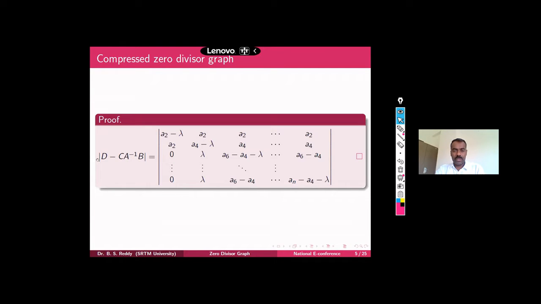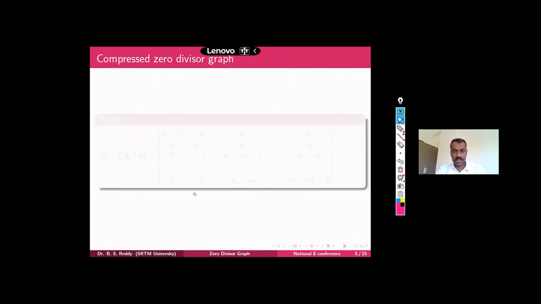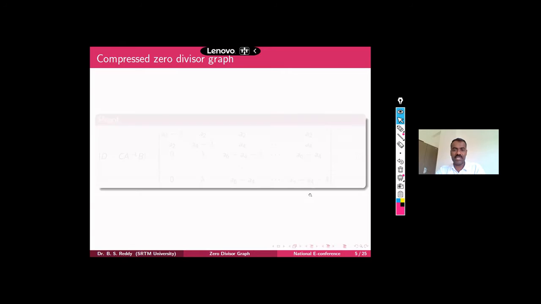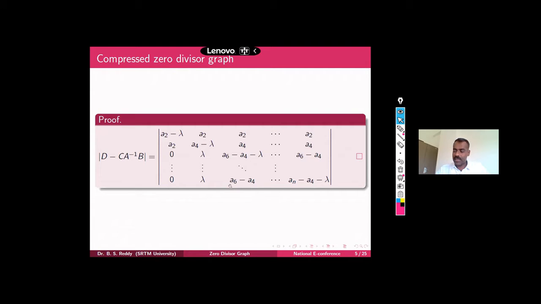And if you observe, take for example the even case. How we got this one: if you take this, and from the second row, for example R3 minus R2, R4 minus R2, and so on, if you simply apply the basic row operations, we get these elements as 0. Okay, here all are this.